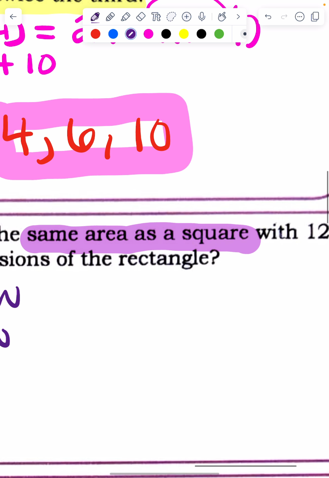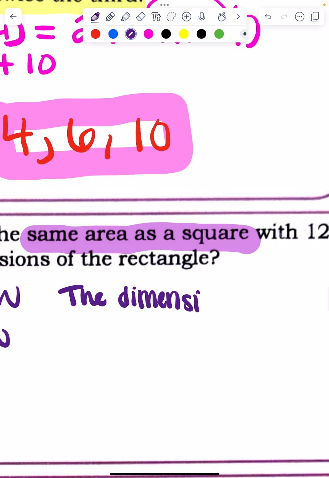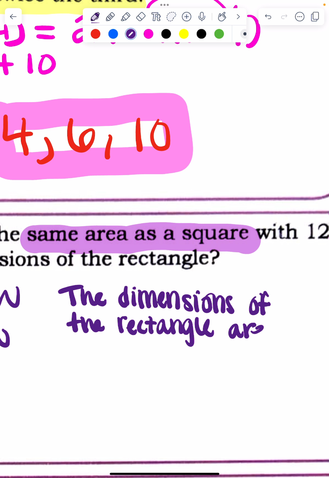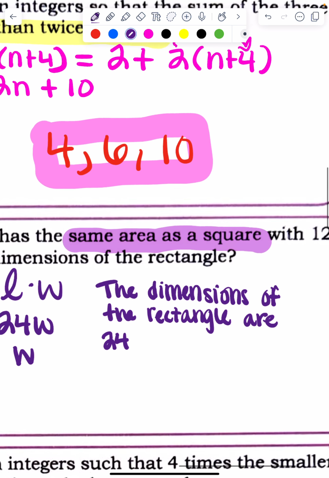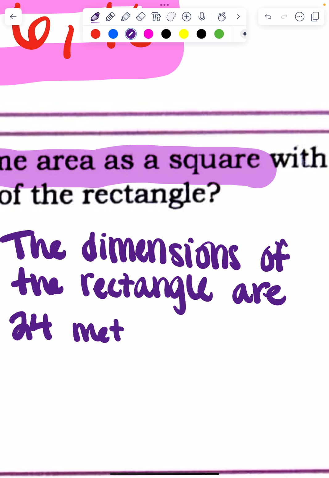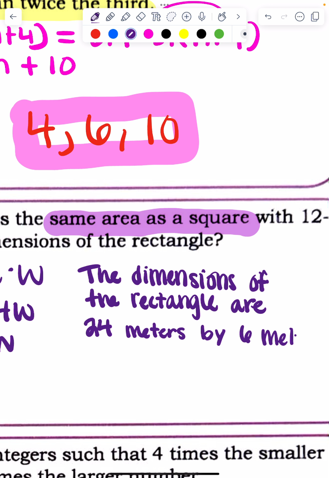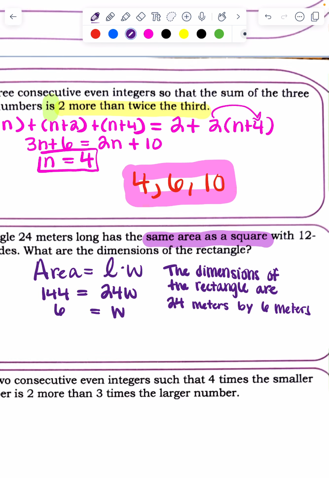So we can say the dimensions of the rectangle are 24 meters by 6 meters. Okay, the dimensions of the rectangle are 24 meters by 6 meters, and then we're done.